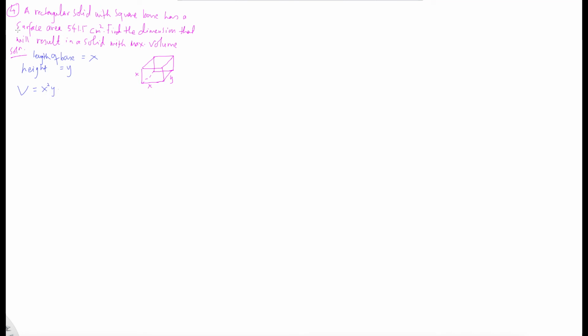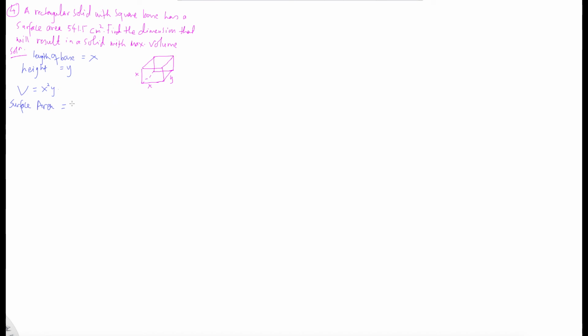Well, let's use what it says: the surface area is 541.5. What is the formula for the surface area? Surface area is basically the sum of the areas of all the faces. The area of this face is x squared, and the face opposite it is also x squared.